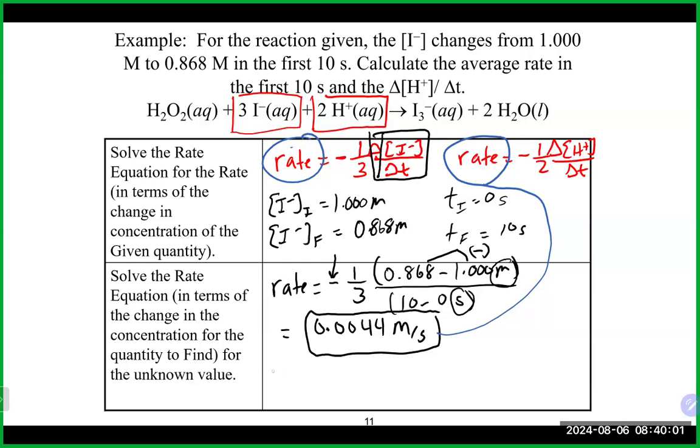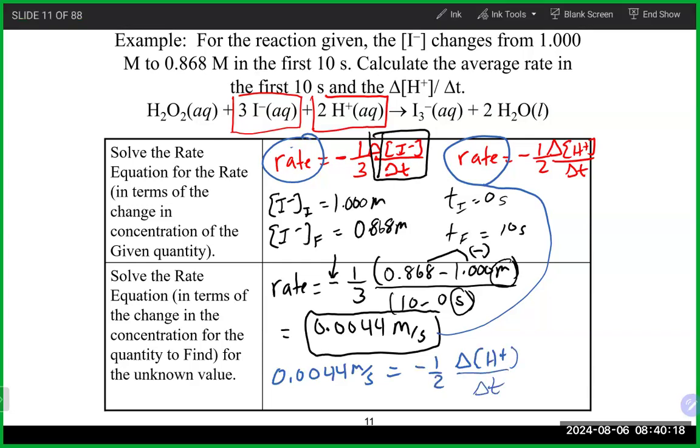That allows us to put that into our equation: 0.0044 molar per second is equal to minus 1 over 2, the change in the concentration of H plus over the change in time.